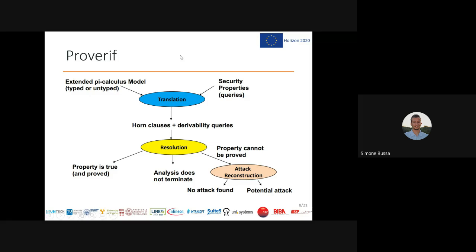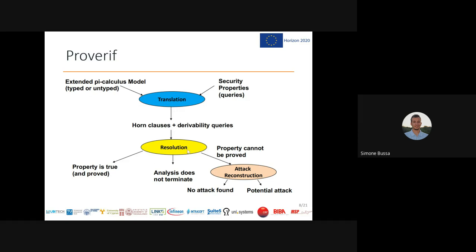Then it also takes in input a series of security properties expressed as queries. Then it translates both the system model and the queries into Horn clauses, that is logic programming, and tries to find a resolution to the problem, that is to demonstrate that the security properties hold for the specific system model.